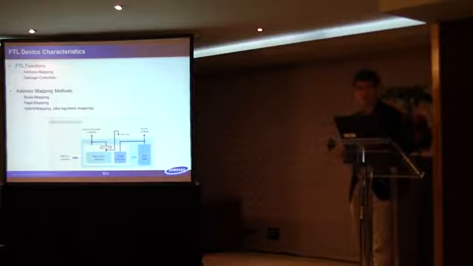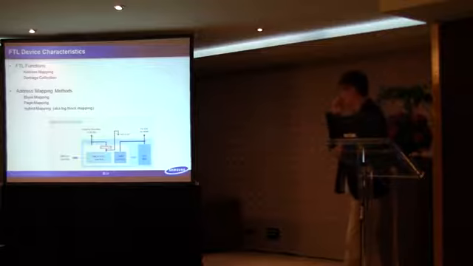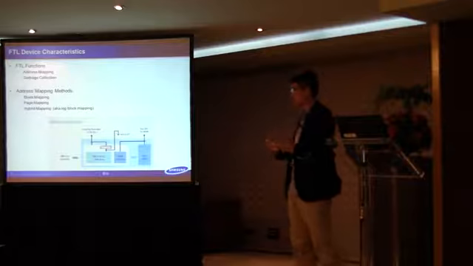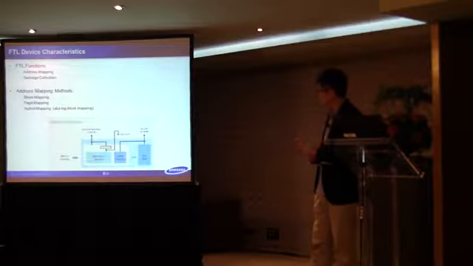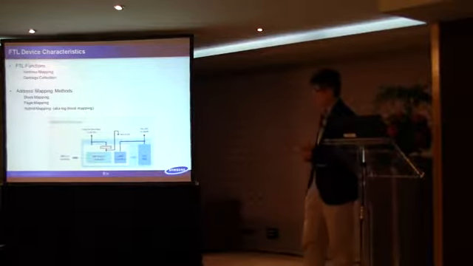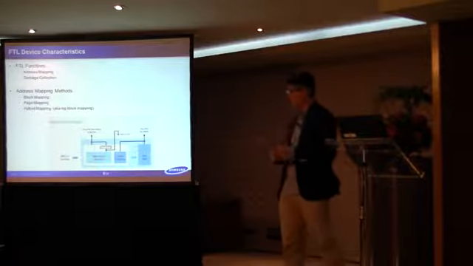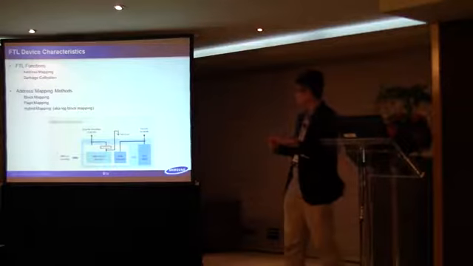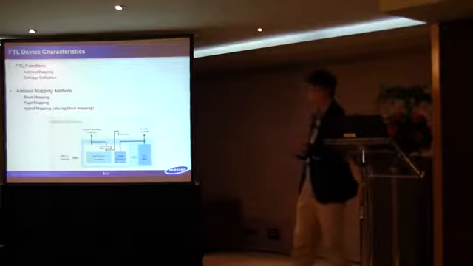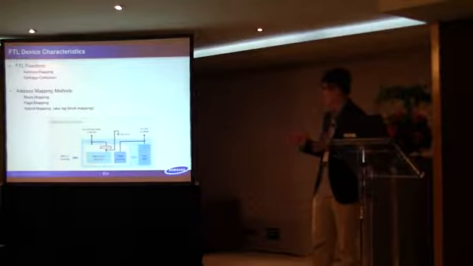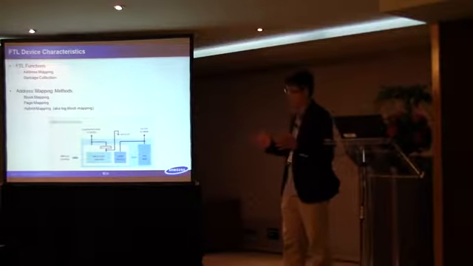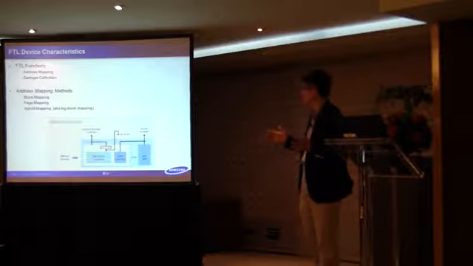And the second one is page mapping. Page mapping requires a lot of memory to cache all the mapping tables. The mapping table has all the page-based translation information. So a large number of FTL mapping entries requires much memory inside the storage itself.